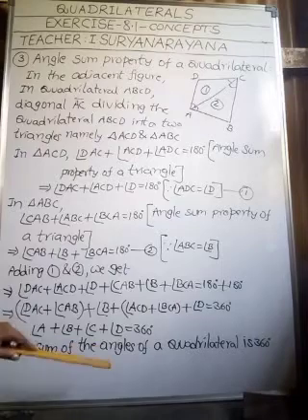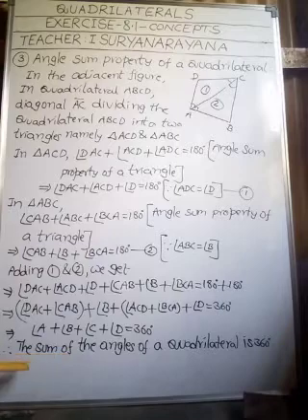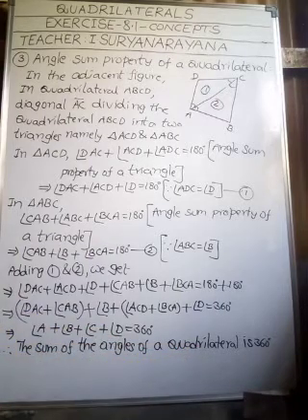Okay, my children, you have to remember this property of a quadrilateral, the angle sum property of a quadrilateral. The sum of the angles of a quadrilateral is 360 degrees. Is it clear, my dear children? Right.